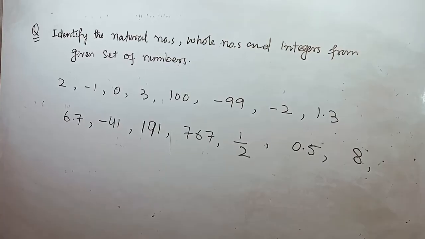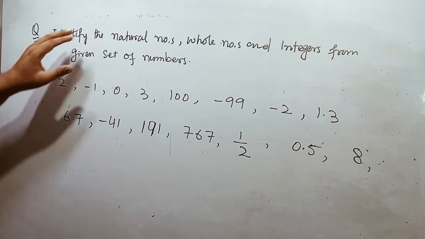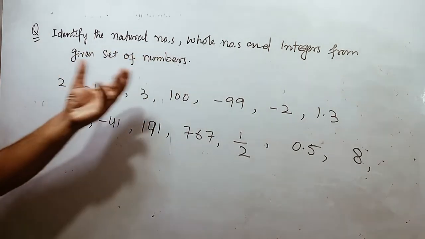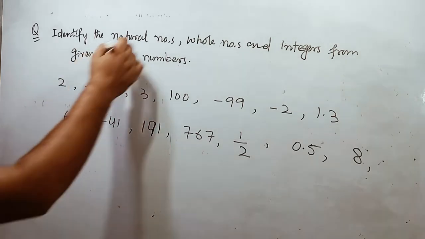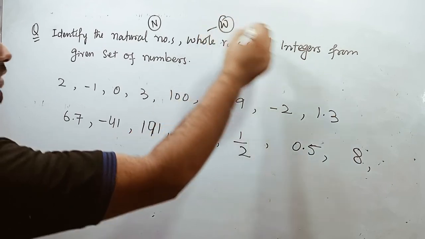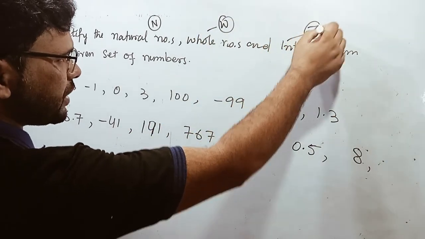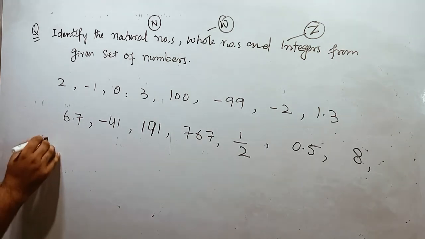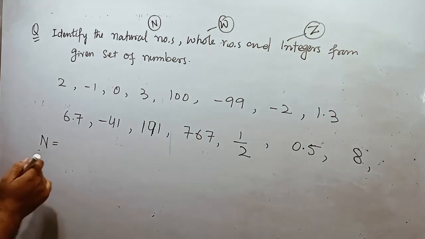Now you can see here I have written the question, identify the natural numbers, whole numbers and integers from given set of numbers. We know the natural numbers are denoted by capital N and whole numbers are denoted by capital W, integers are denoted by capital Z. So I will write first here the natural numbers, the group of natural numbers. Who is here the natural number?